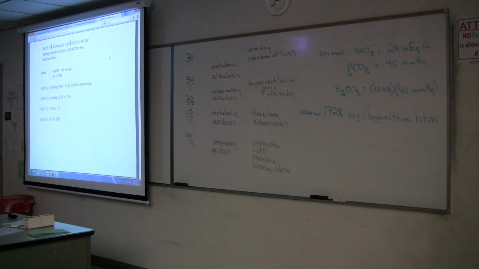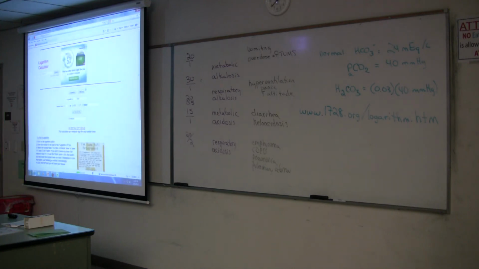If that doesn't make any sense, we can go into the computer calculator here and switch over here. This button says antilog. So it's taking the antilog of that number, and I have to put the number in there. Take the antilog of, what was it? 1.5.